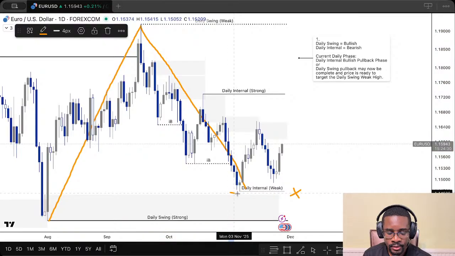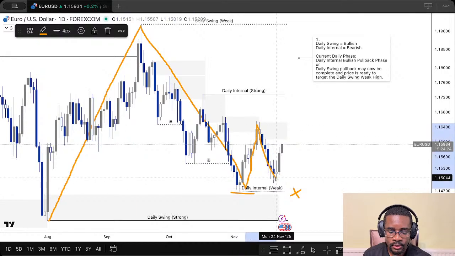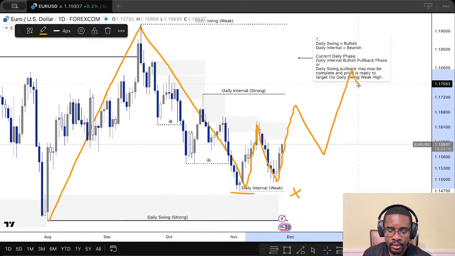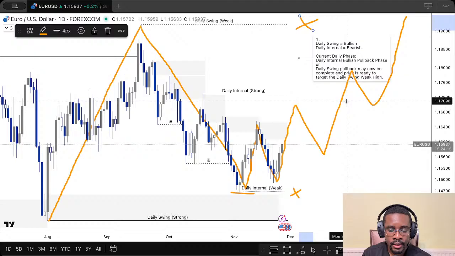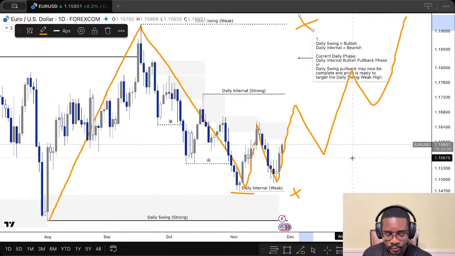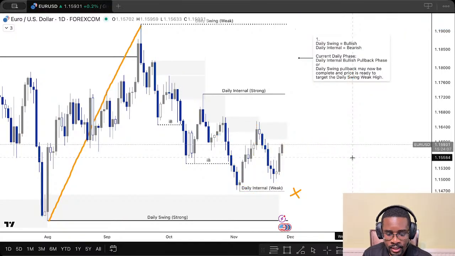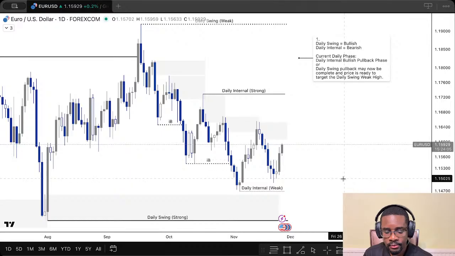So it could be that this low is the higher low that has now been formed, and now price is starting to print bullish price action to go on and take out this weak swing daily high. So that could be another option here. As it stands, we really can't tell what price wants to do.